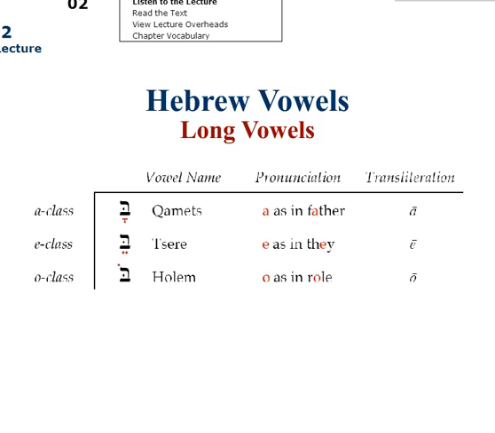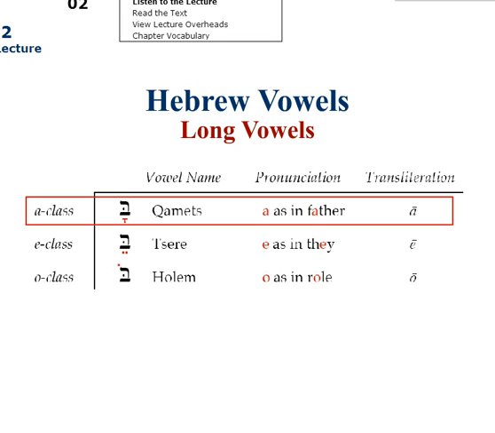For each of these 3 vowels, you must know, and you will be required to give on quizzes and exams, the vowel's name, type, class, and its sound or phonetic value.